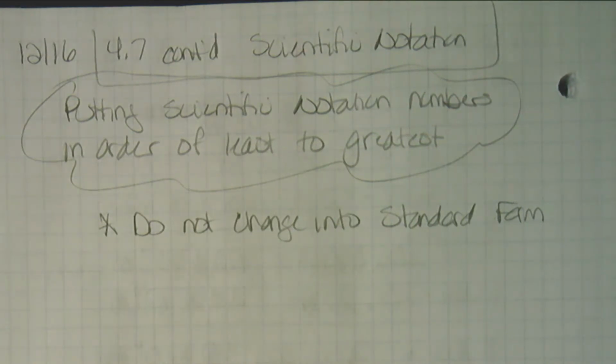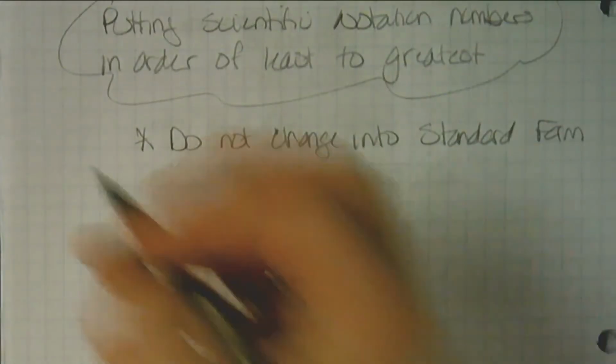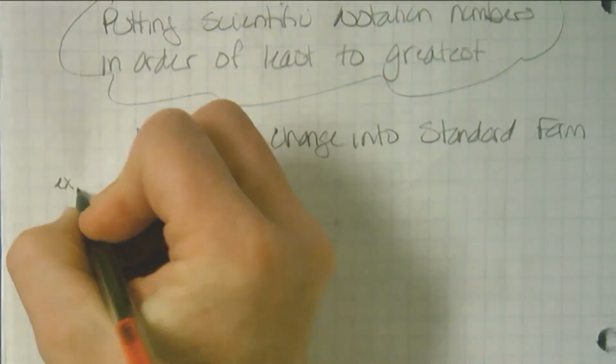So the best way for me to do this is to give you an example. I'm going to do the example to the left, and some steps and notes to the right. All right, so this is our example.